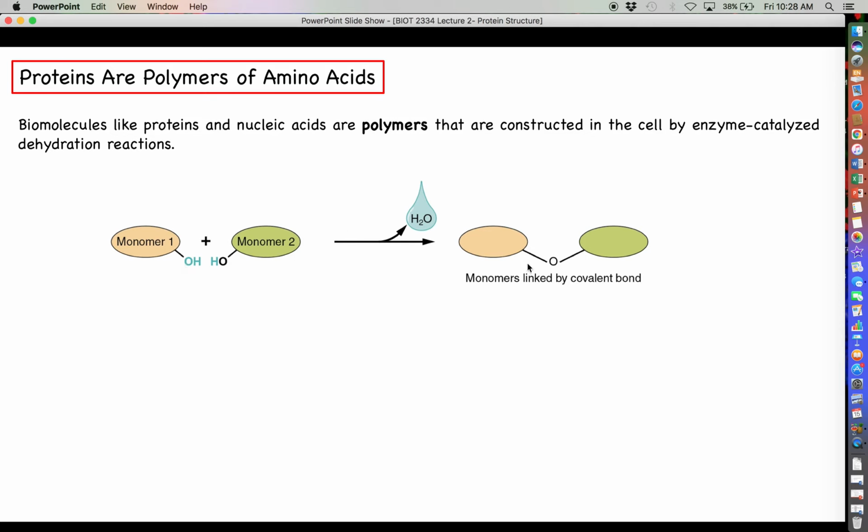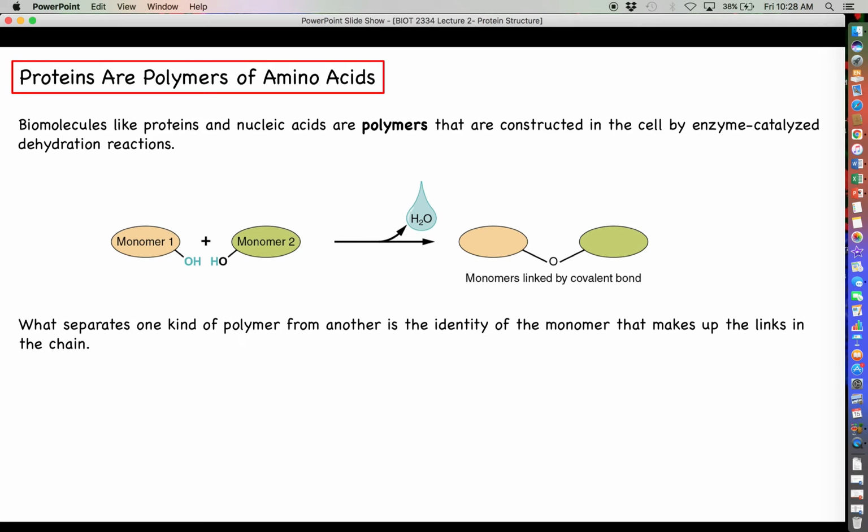So when we form that covalent bond, you'll notice that the OH and H is no longer present. That is why we call it a dehydration reaction. We lose the element of water in the process. So this is just a generic representation of what a polymerization reaction looks like.